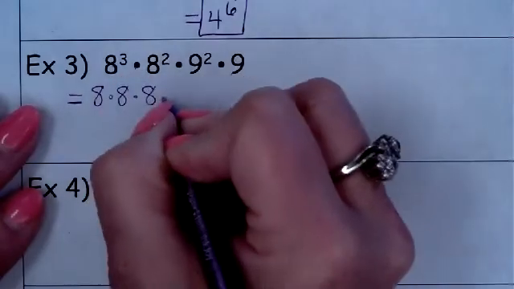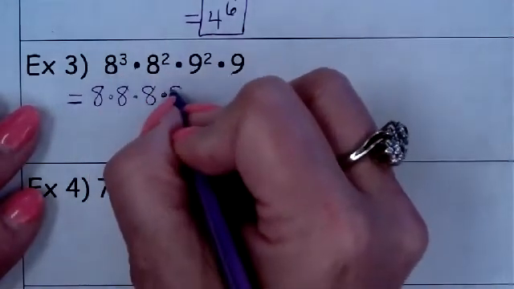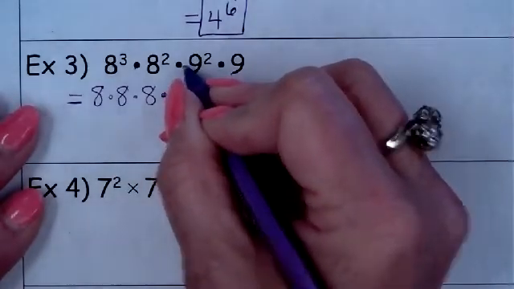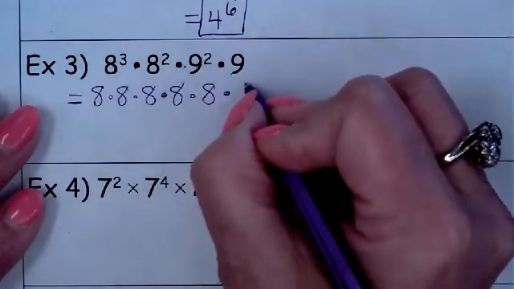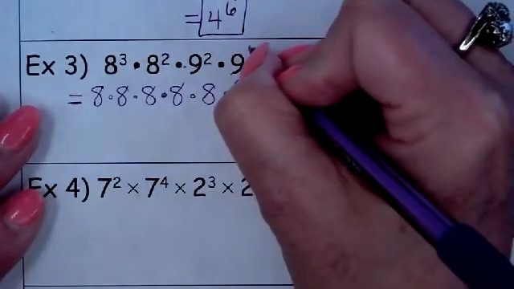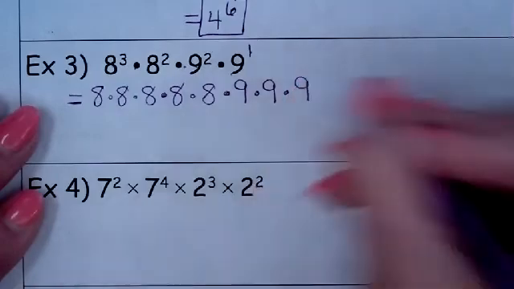This multiply right here in the middle comes down. 8 to the second is 8 times 8. Bring this multiply right here down. Now, 9 to the second, that would be 9 times 9, because there's 2 of them. This 9 right here, remember, that's an exponent of 1, so that's just times 9.